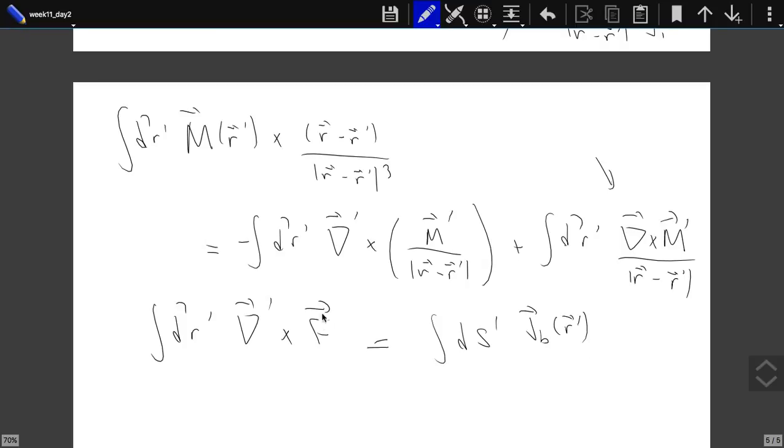Basically we need to convert this m prime over r minus r prime to the surface integral of some JB. We have to identify what that JB is as a function of r minus r prime.